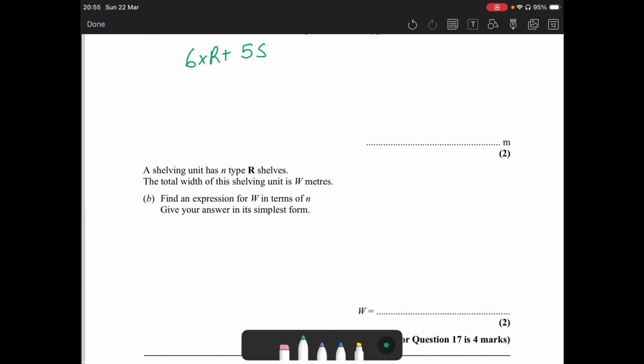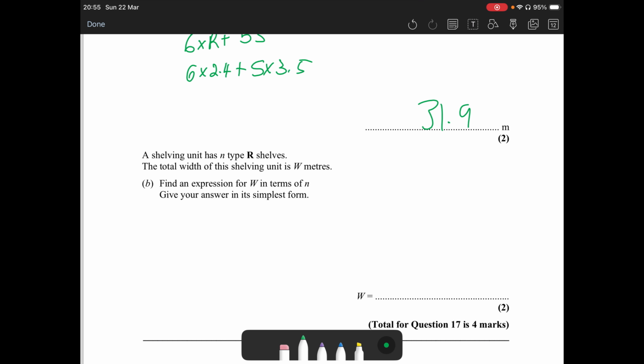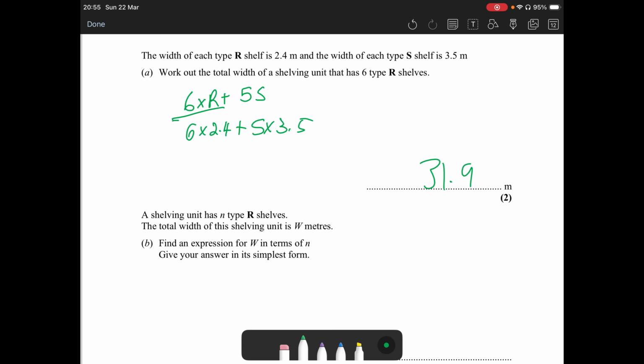Absolutely. A shelving unit has N R-type shelves. The total width is W. So let's think about what we did earlier. We did however many R's there are.